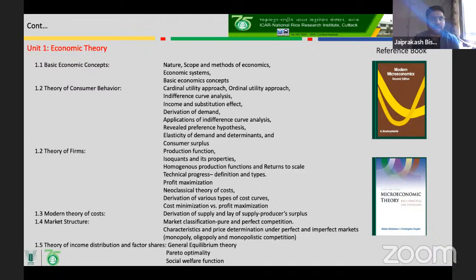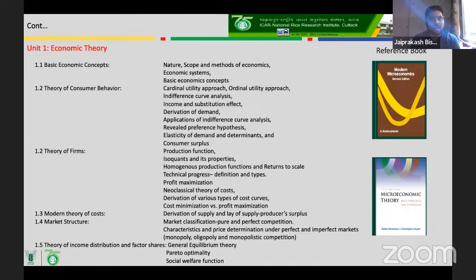You should be thorough with all the basic economic concepts. Maybe in prelims there can be some questions. I don't say there would be, but there can be. Since you are preparing for the economics field, you should be aware of these basic economic concepts.